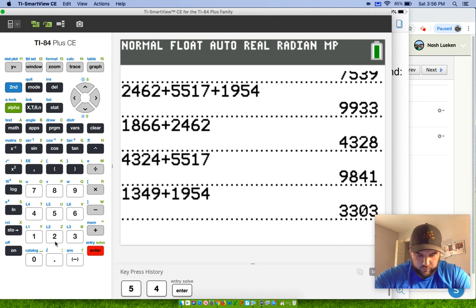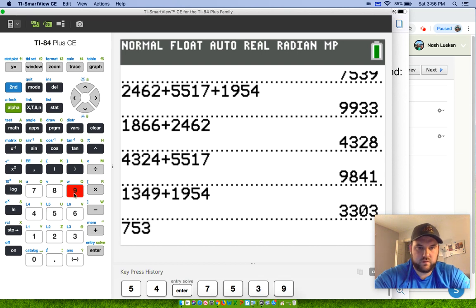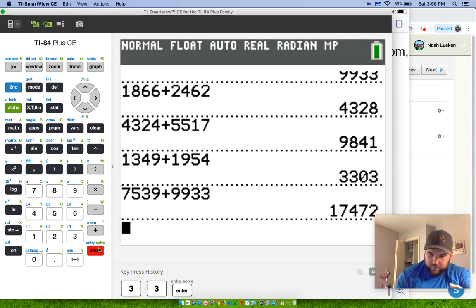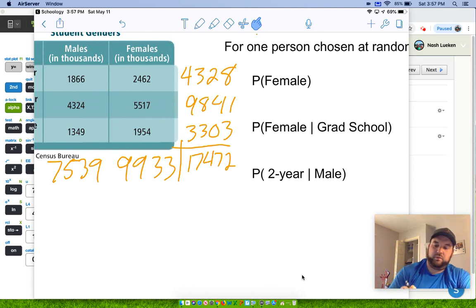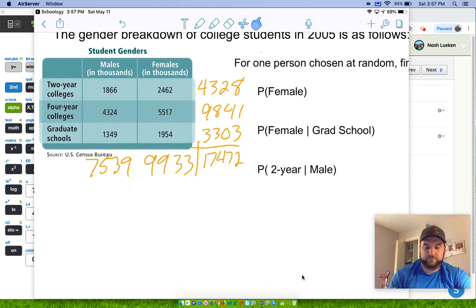And then I'm going to get a grand total real quick. So it's 7539 males plus 9933 females, which is 17472. So all that calculating was to expand my table so it looks like this.